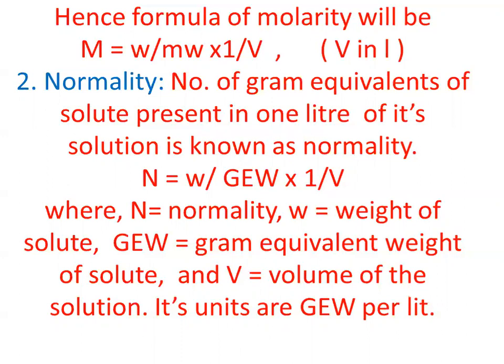or its valency. For example, in the case of HCl, when HCl is dissolved in water, we get H plus and Cl minus as ions in its solution, whereas H plus has one positive charge and Cl minus means one negative charge.